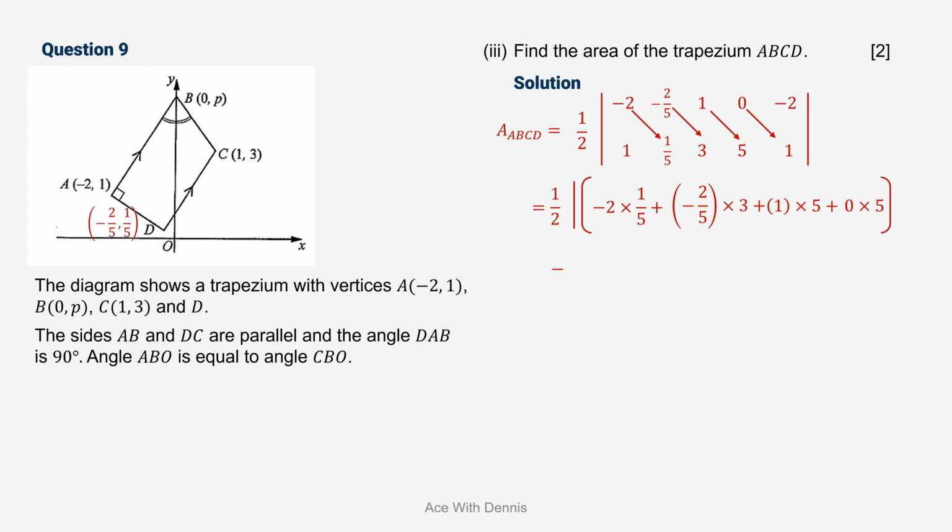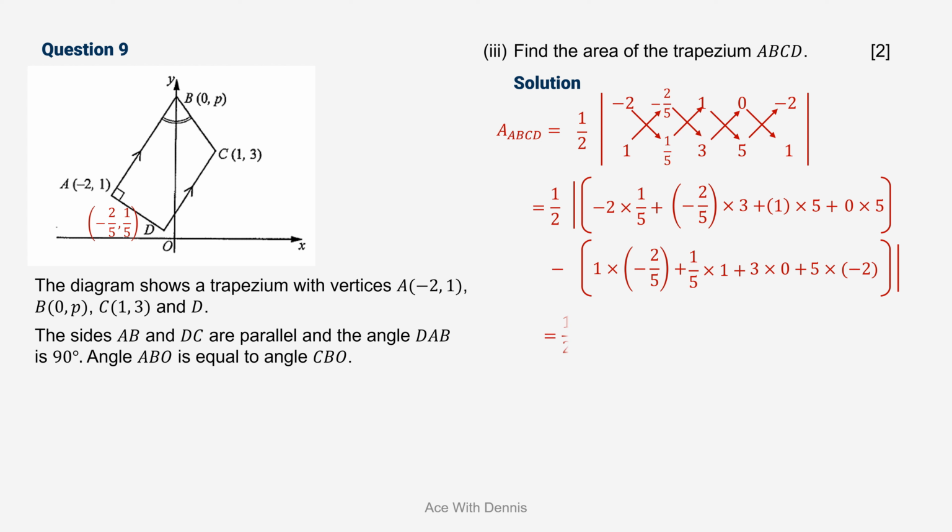Then minus, we do the opposite: the bottom left number multiplied with the top right number. So it will be 1 times -2/5, then plus 1/5 times 1, plus 3 times 0, then plus 5 times -2. And then close the operation here.